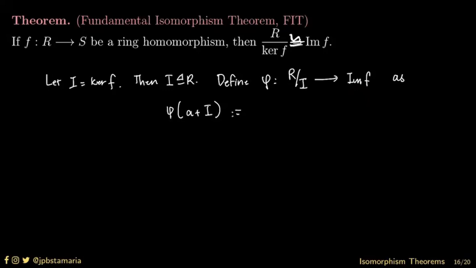Well, naturally, para mapunta ka dun sa image ng F, si little a ay nasa R, this is how I will define it. I will define it to be F of a. In other words, I am basically using the definition of F, apply F to a in order to be in the image. Kasi ang laman ng image, precisely yung mga elements na ganyan ang itsura. Would you agree?